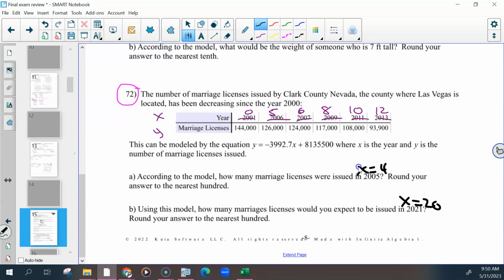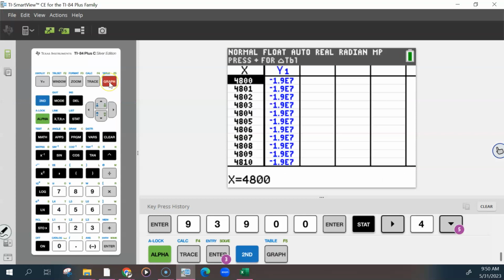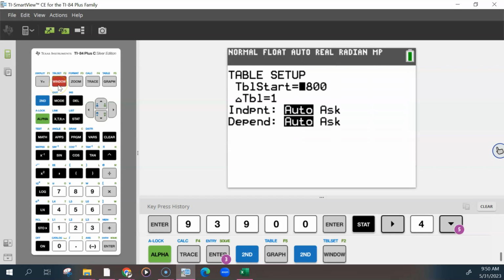So I'm going to go to the table and find both of those values. Second graph. Right now, it's still at whatever we were at before, so I'm going to go into second window and change this back to 0 or 4, doesn't matter. And then second graph.